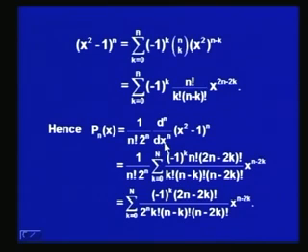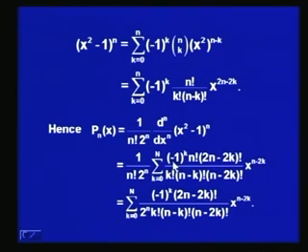After differentiating n times with respect to x, the expression for (x^2 - 1)^n will have 1 over n! 2^n, sum over k equal to 0 to n, (-1)^k n! (2n - 2k)! over k! (n - k)! (n - 2k)!. When you differentiate this with respect to x n times, the power of x, which is 2n - 2k, will reduce by n and will become n - 2k, but the power of x is either 0 or 1.